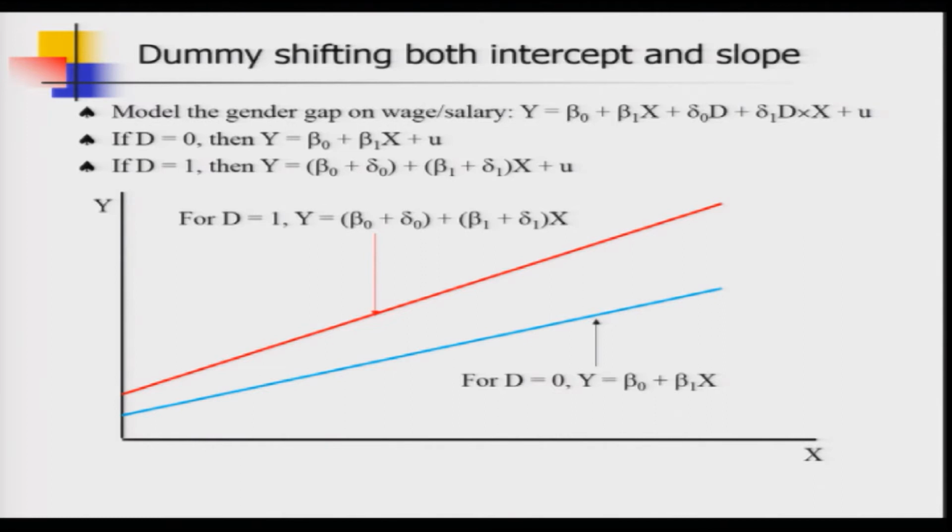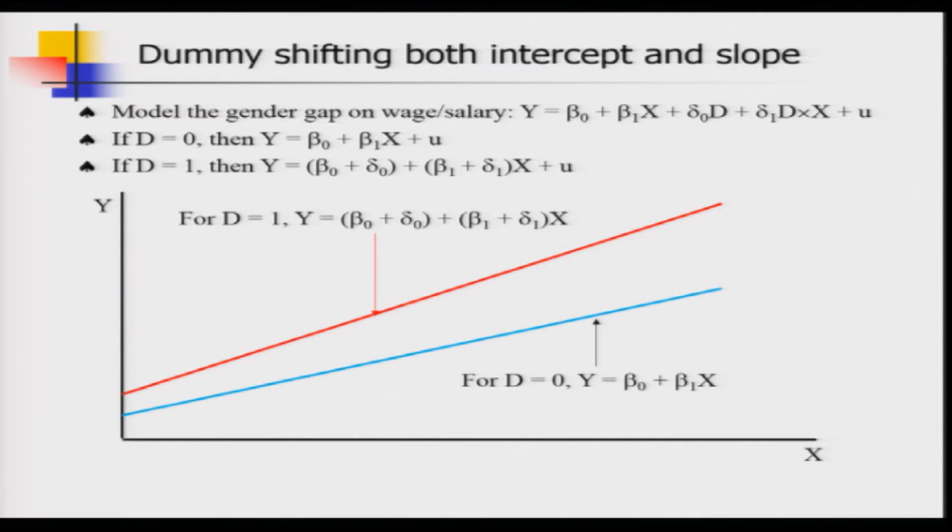You see that not only is the starting salary higher for the male, the salary gap is also widening as x increases. So, this initial gap in the starting salary is measured by the coefficient delta naught, and the difference in the rate of increase is measured by the parameter delta 1.